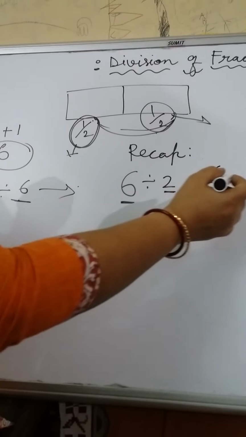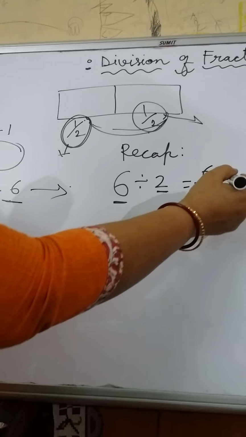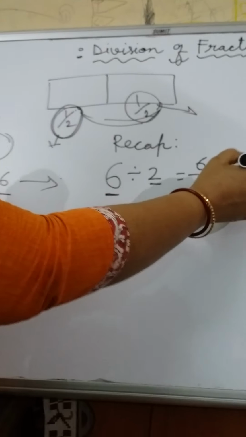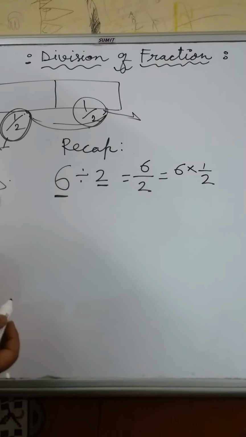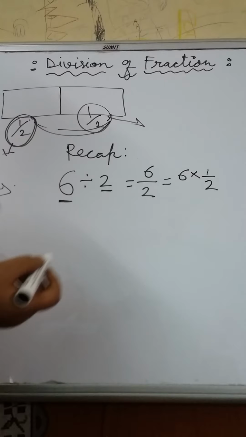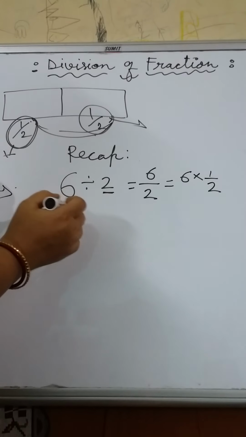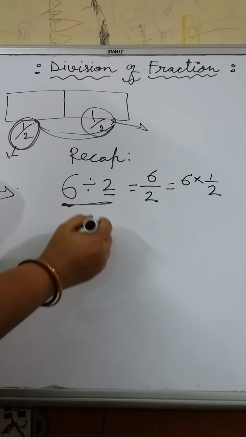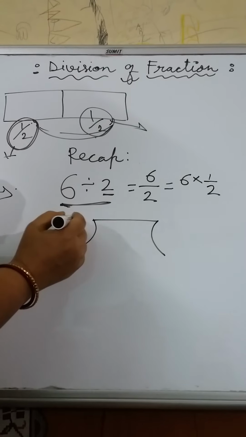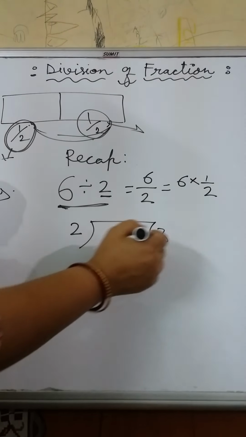It can also be written as 6 into 1 by 2. Now, if this is division, if you write it like a long division, what will you get?